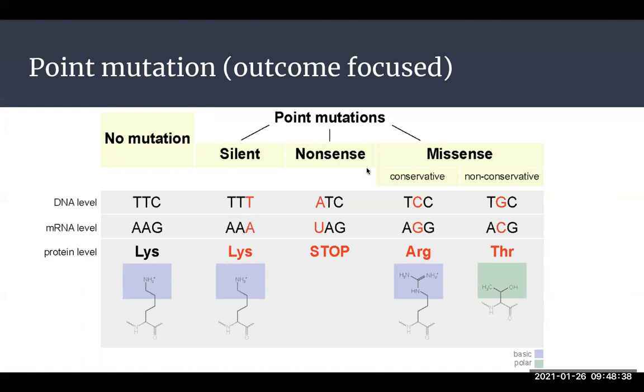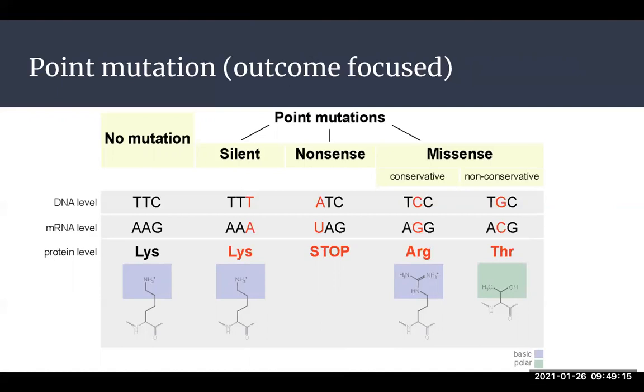It can also be a nonsense mutation. That's a very bad one, because nonsense means that you have changed the codon in a way that instead of producing an amino acid, you are coding for a stop codon in translation. Gene expression, remember the last topic we did? It's going to stop here because you're coding for a stop codon. That means a release factor will come in and stop that gene expression.